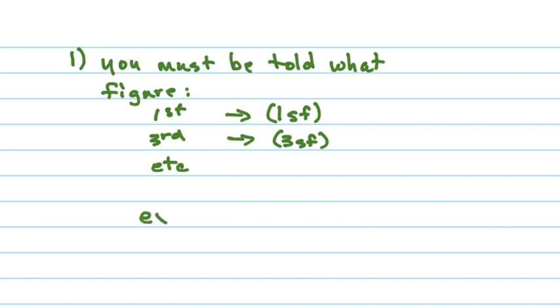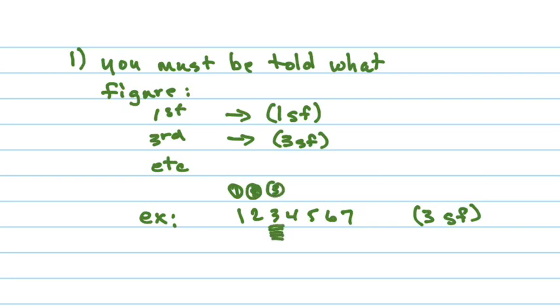So, for example, if I have 1, 2, 3, 4, 5, 6, 7, and it says to round to three significant figures, that's 1, 2, 3. So that's the one we're talking about. The 4 would round down, so that would make it 1, 2, 3, 0, 0, 0, 0.